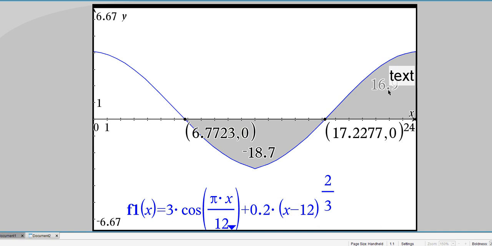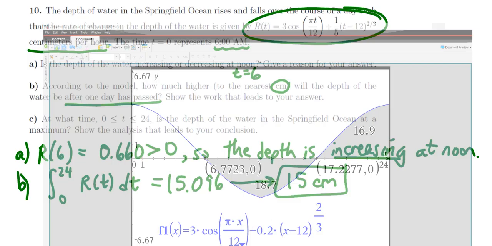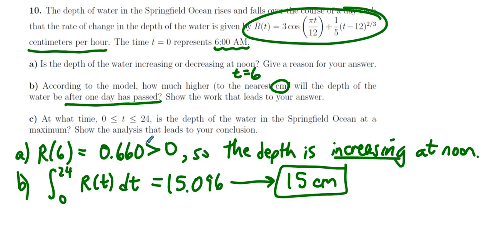It goes up 16.9 centimeters. So the water gets to some local max, and then it goes down by 18.7, and then it comes back up by 16.9. This is not enough to make up for the down. So the max happens at 6.772 hours. That's where the max happens. We would show that work. We would write all that stuff down, but that's what's happening in that question.